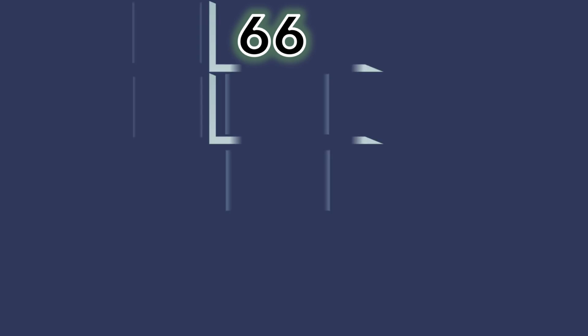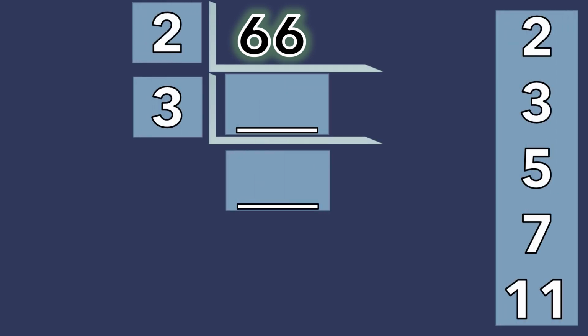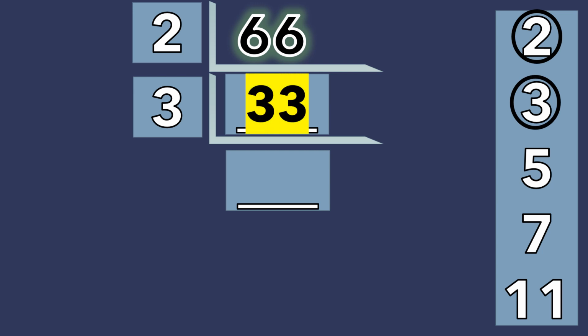Okay, so let us try the missing number here using continuous division. So at my right side is the 5 consecutive smallest prime numbers. This will be your guide in dividing this number. Okay, so now we have 66. We divide 66 by 2. How many is the missing? Okay, correct. It's 33.